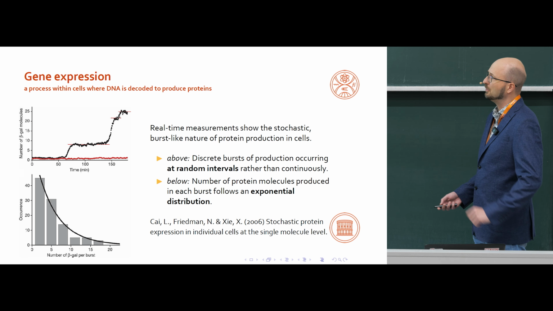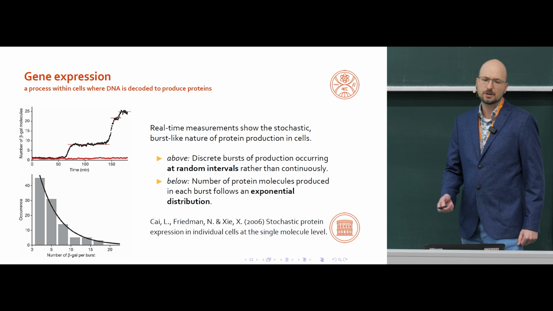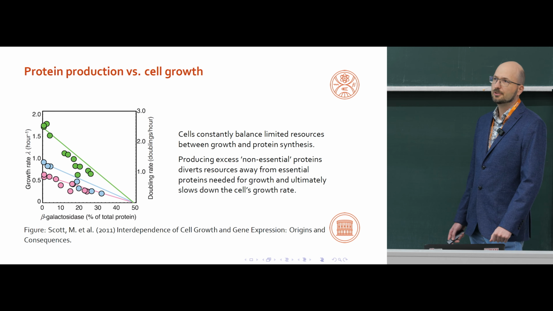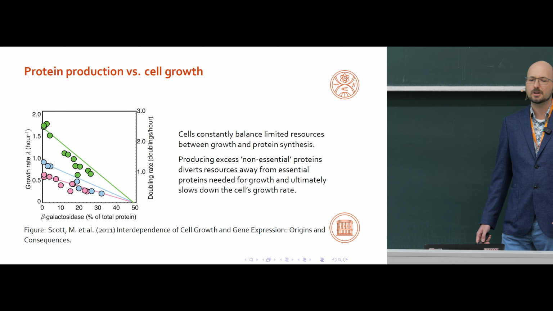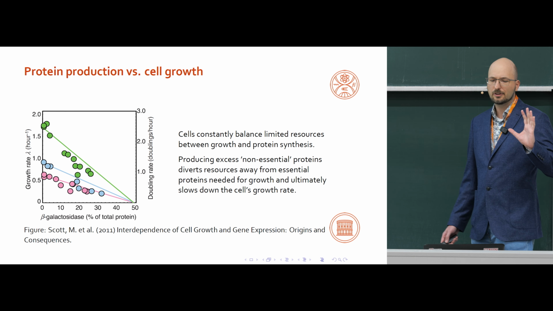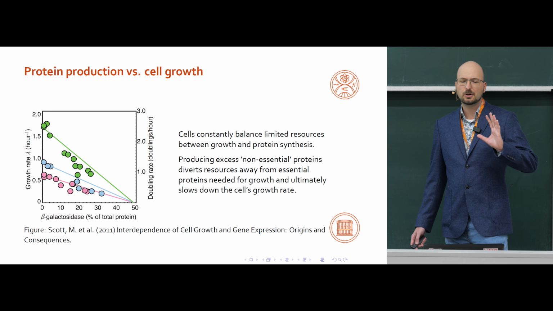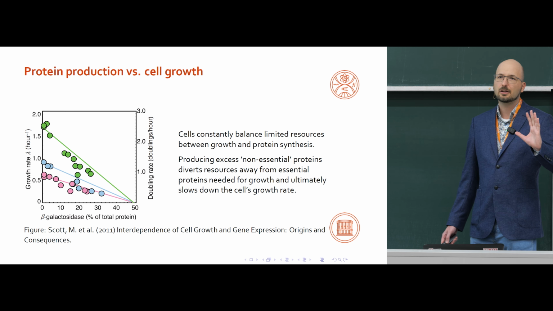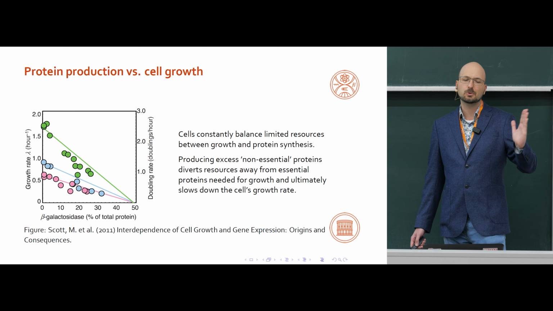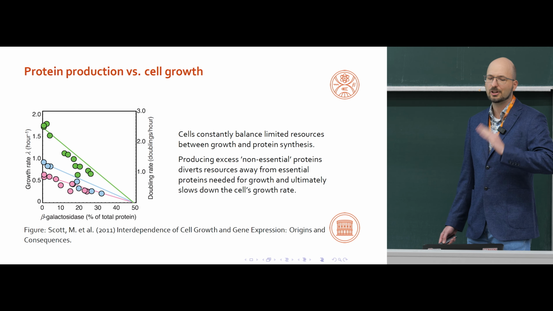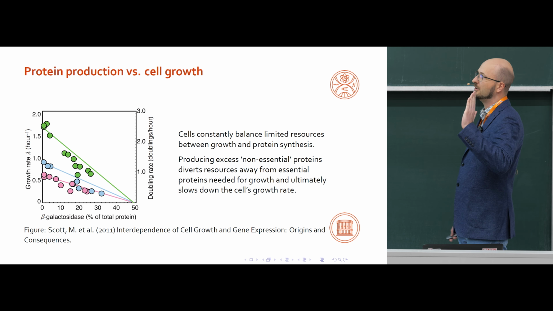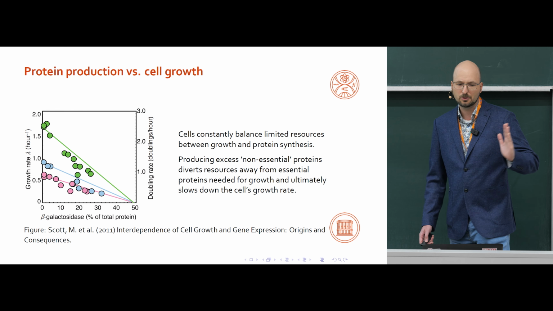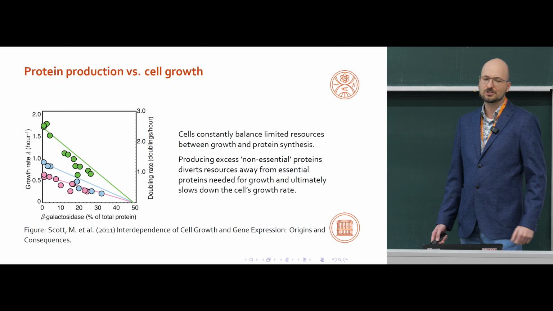Okay, so this is one piece of information that we are working with. The other piece of information that we will be working with is that the number of proteins can have an impact, and we will assume that the number of proteins in the cell has an impact on the growth rate of the cell.